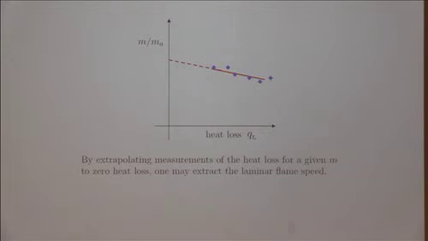Then you extrapolate, because experimentally you can only measure up to a certain distance of the flame from the burner. It cannot go to infinity, but you extrapolate to zero heat loss, which is essentially when the flame reaches infinity in the model, and from there you obtain the value of the laminar flame speed, or the laminar burning rate.